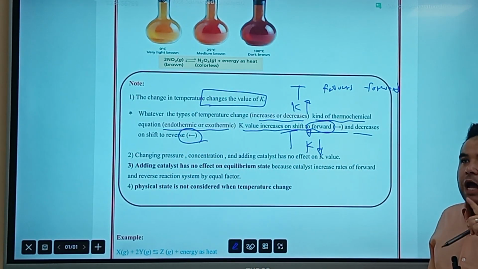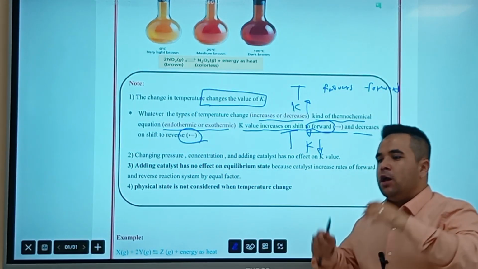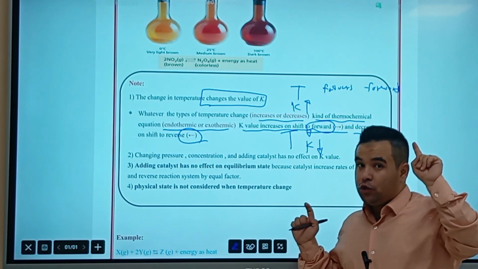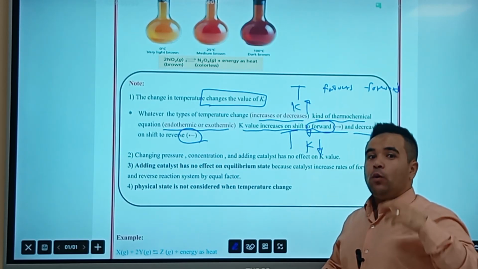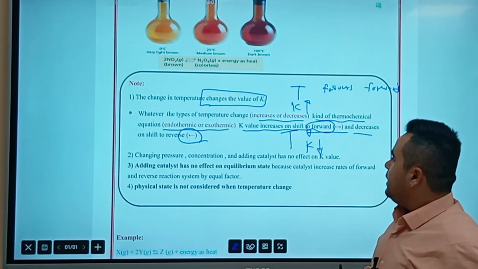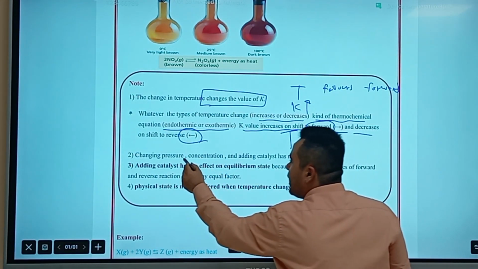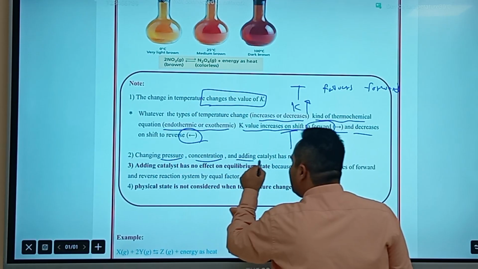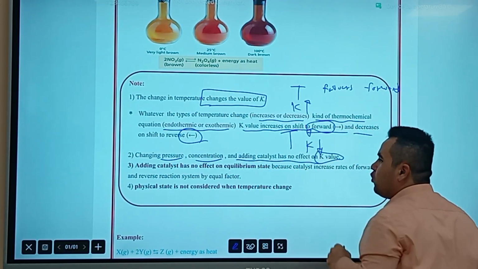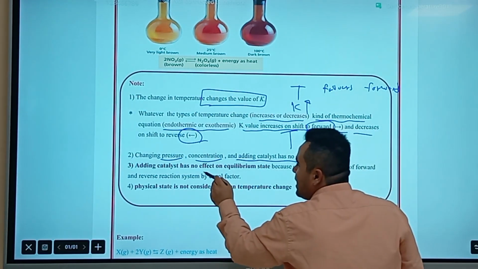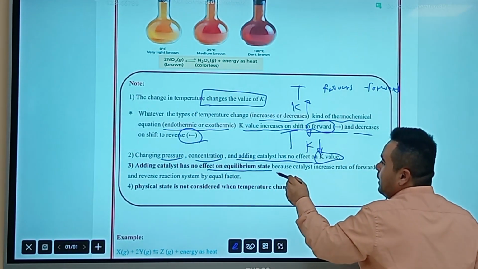So you have to know how temperature changes K. When it shifts forward, it increases the K due to temperature only. When it shifts reverse, it reduces the value of K. Change in pressure, change in concentration and adding a catalyst have no effect on the K. Do not forget this. Adding a catalyst has no effect on the K at equilibrium.